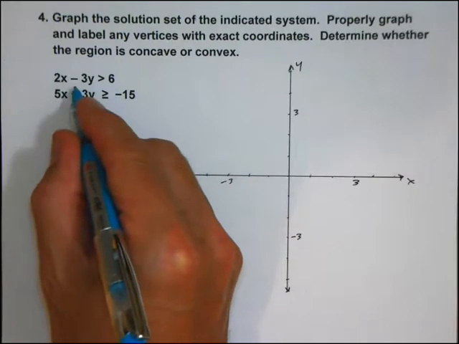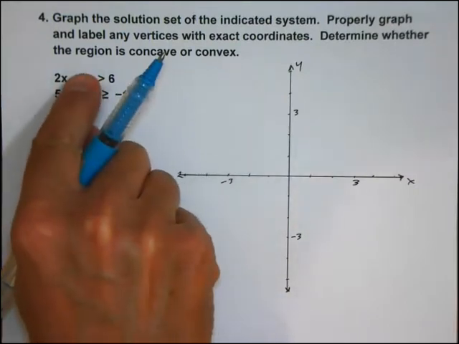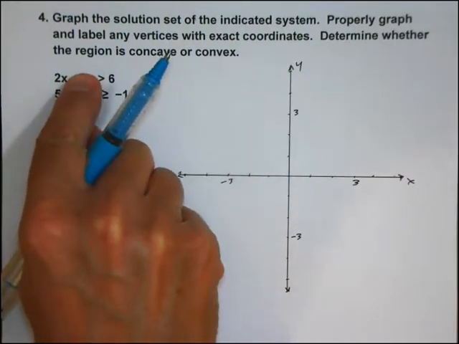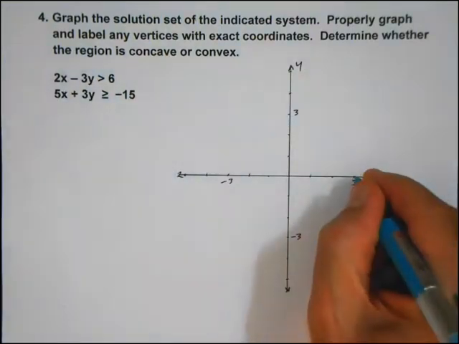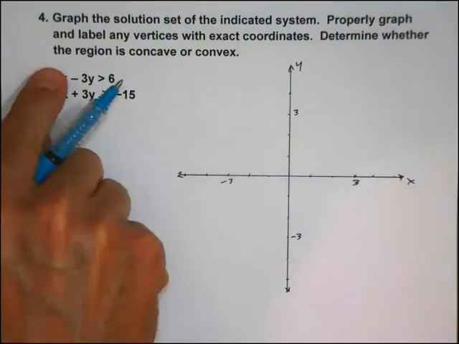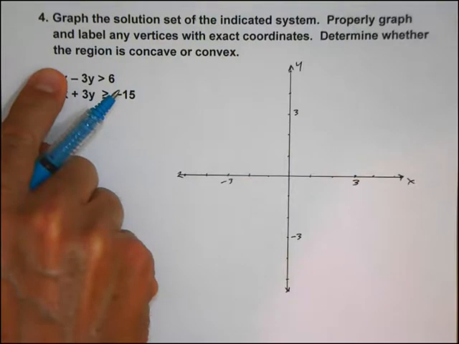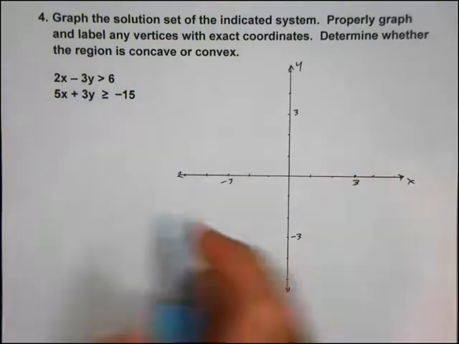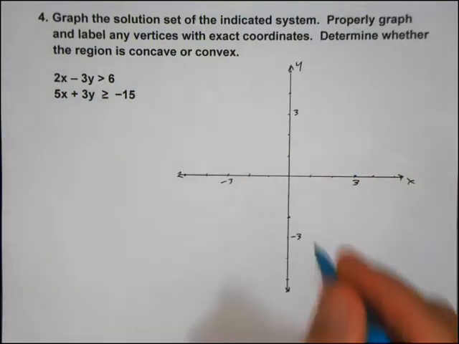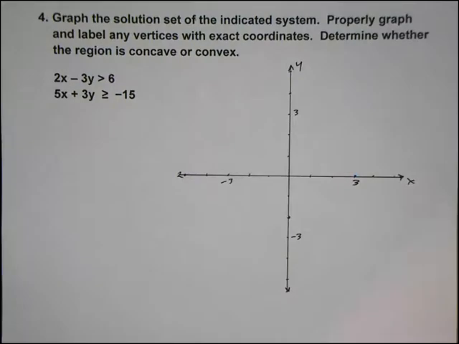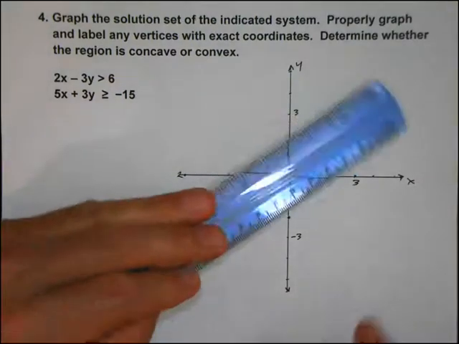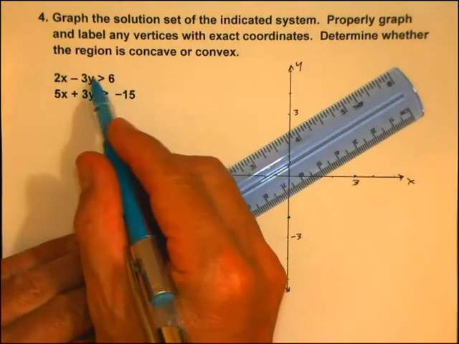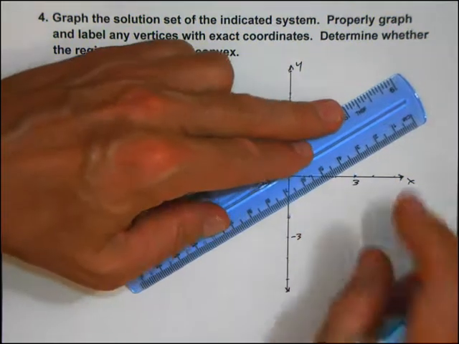Again, for that boundary line, when y is 0, x will be 3. When x is 0, y would equal negative 2. For the boundary line itself, since this is greater than, we need to use a dashed line here.